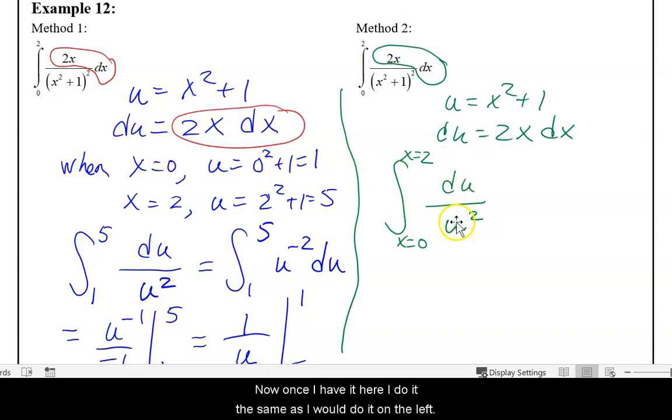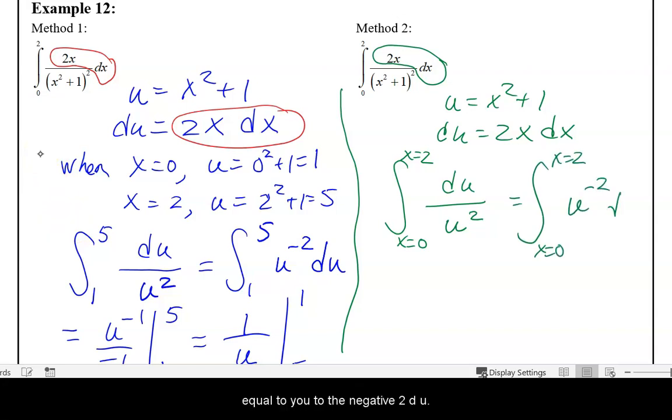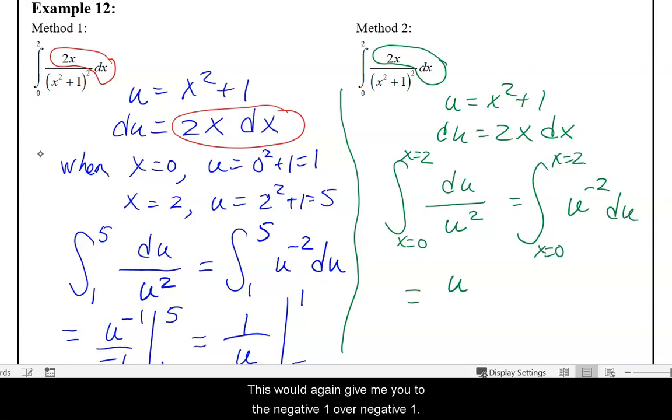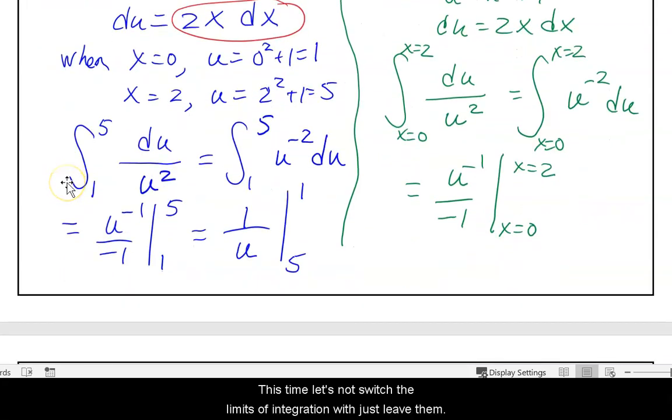Now, once I have it here, I do it the same as I would do it on the left. This means that I would rewrite x equals 0, x equals 2, u to the negative 2 du. This would again give me u to the negative 1 over negative 1 evaluated between x equals 0 and x equals 2. This time, let's not switch the limits of integration.